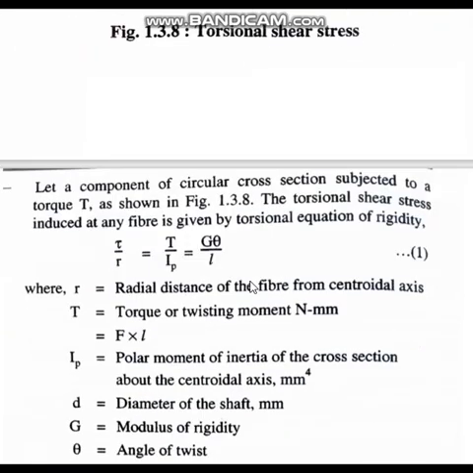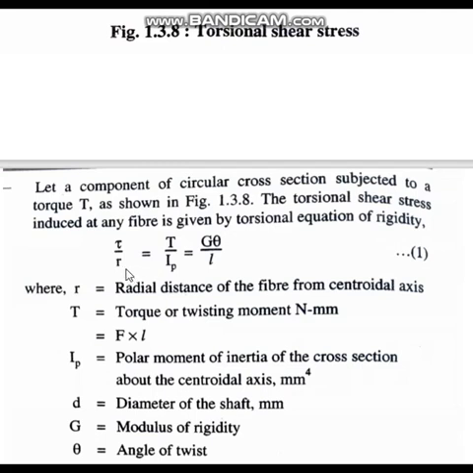Now there is a formula similar to the bending equation. Here we have another equation called the torsional equation, the torsion equation. The torsional shear stress induced at any fiber is given by the torsion equation. The torsion equation is tau upon r.